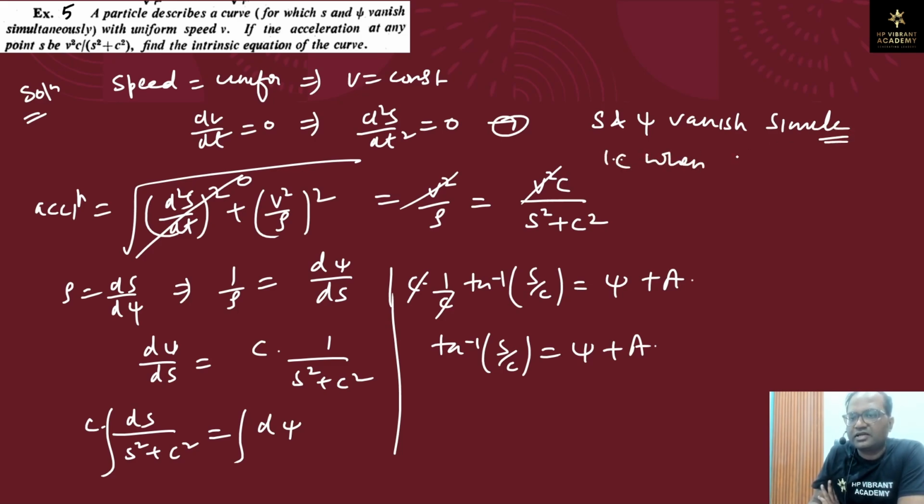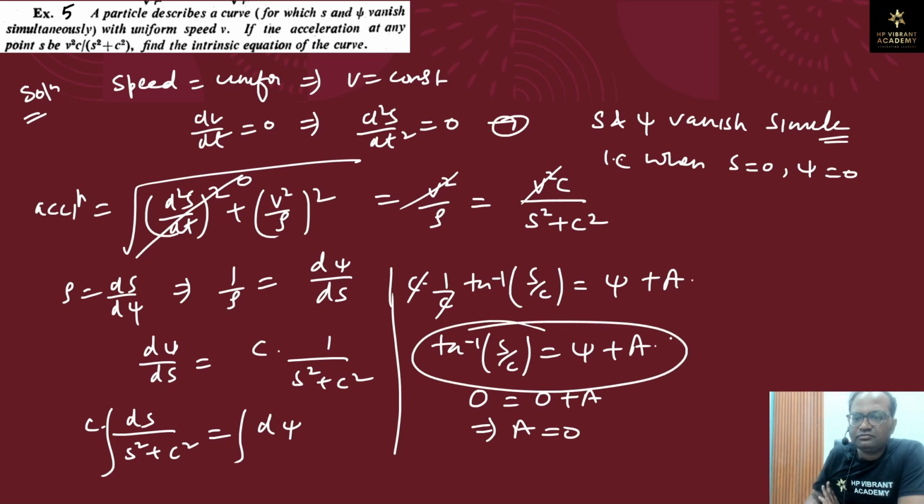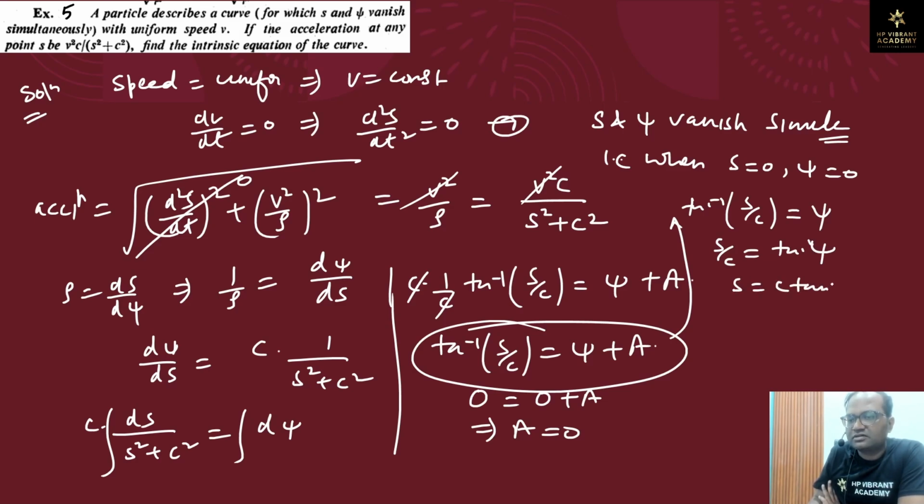That is when s is equal to 0, psi is equal to 0. So we have tan inverse 0, which is 0, is equal to psi, which is 0, plus a. This means a is equal to 0. So from here we have tan inverse s upon c is equal to psi. So s upon c is equal to tan of psi. S is equal to c tan psi.